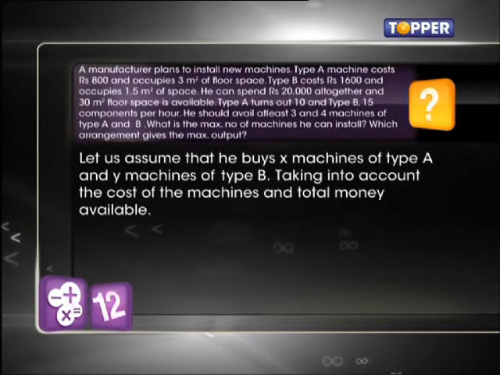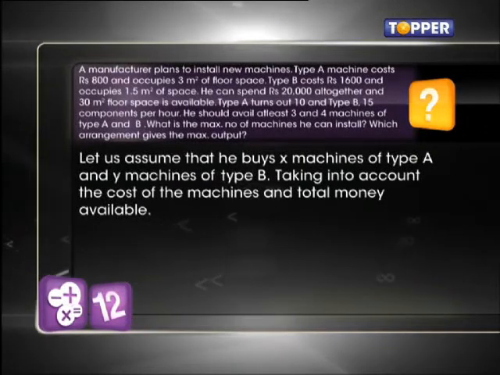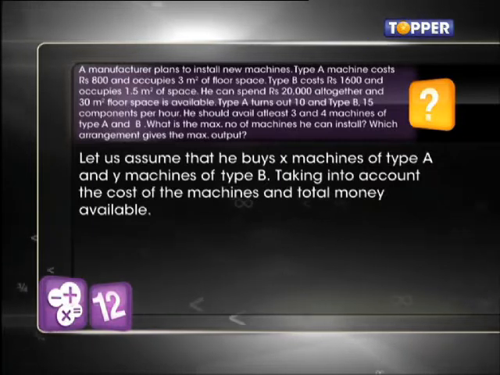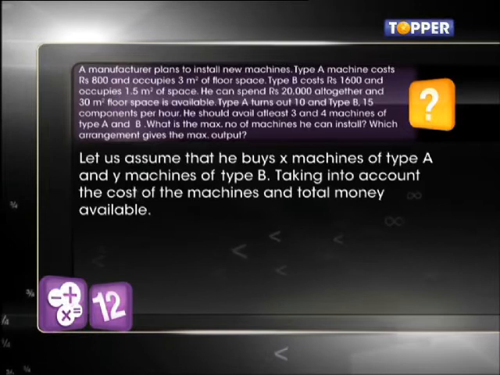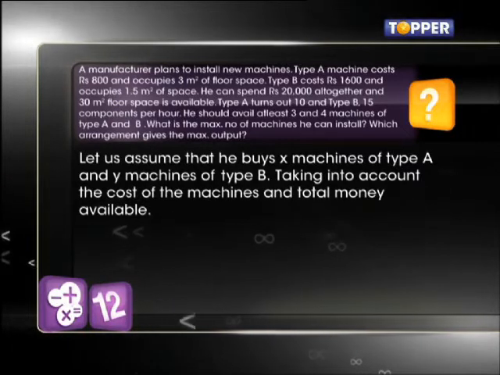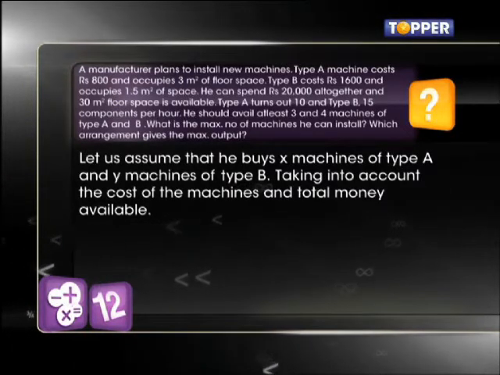To find out the maximum number of machines, let us first assume that he buys X machines of Type A and Y machines of Type B, taking into account the cost of the machines and total money available.